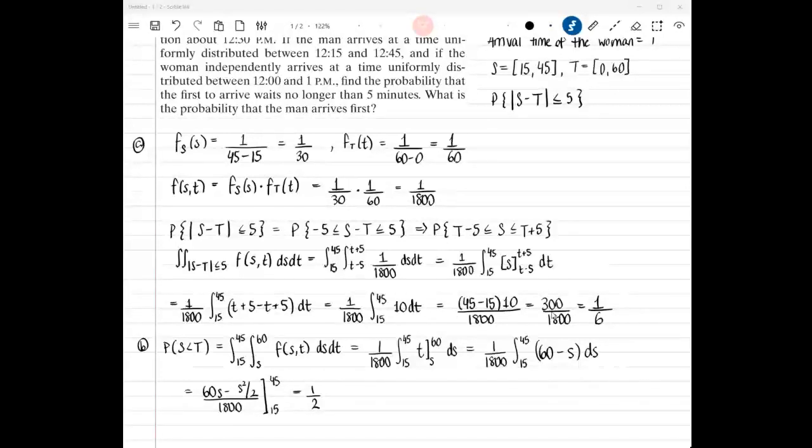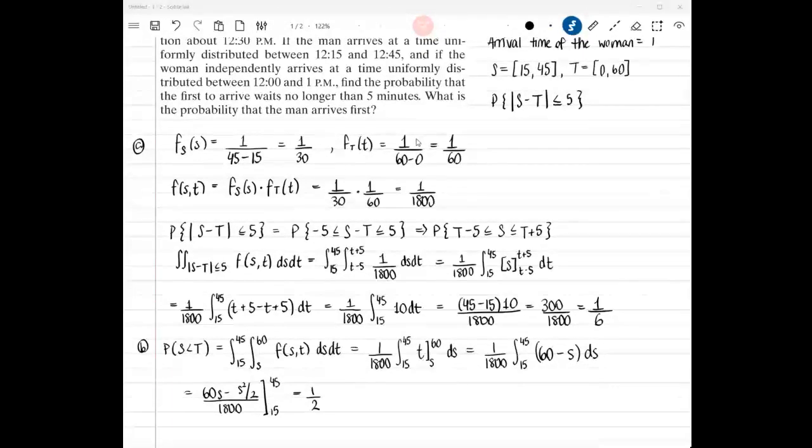And further simplifying it, you get to 300/1800, which simplifies to 1/6. And then for part B, it asks, where you're calculating the probability of S is less than T. And the bounds for that would be from 45 and 15 to 60 in S. And that would follow the same steps, and it simplifies to 1/2.